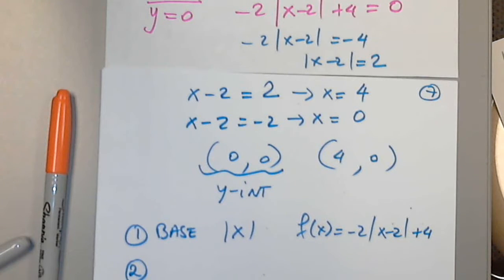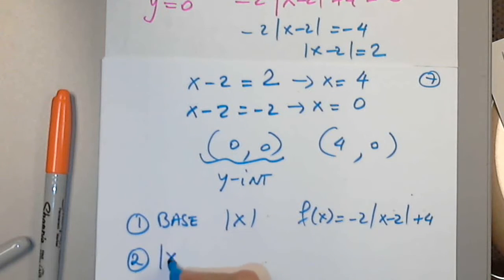Shift it horizontally to the right 2. Exactly. So if you were asked to evaluate this, for example for 5, you will have to do 5 minus 2 first. Then you will have to multiply by 2. Then you will have to multiply by -1. And the last operation, you will add 4. The sequence has to be in the order of operations. So indeed, x minus 2 means right 2.